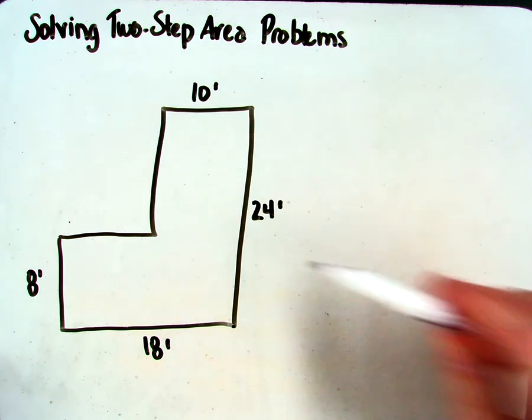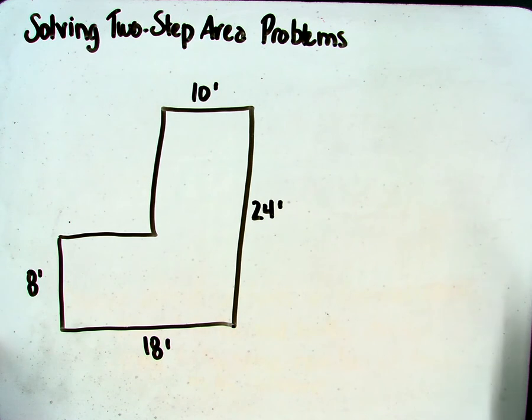Now, in looking at this, what do you quickly see? Okay, we may see a square, I'm not sure, but we definitely see two rectangles. Now, how could we make two rectangles?